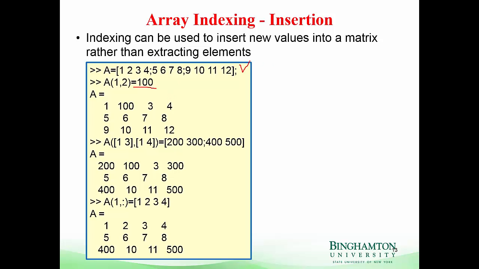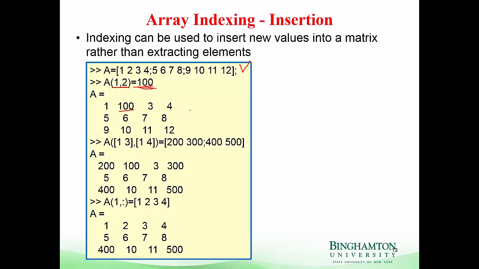Here's my original array, which you should be able to visualize. In the first row, second column, I want to stuff in 100. This is a one element location, so I can only put a single number in, and there it is. If I tried to put something other, like a vector or another array, into that one location, there would be an error.